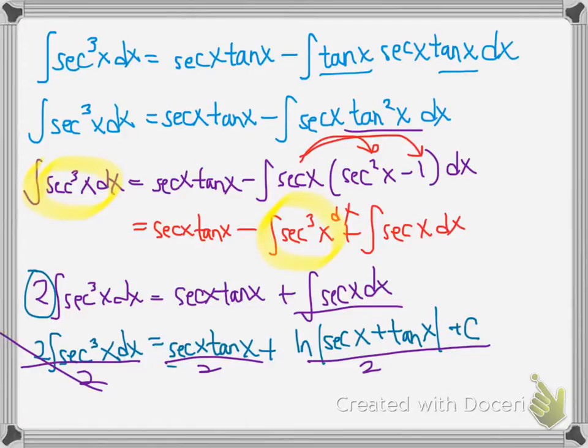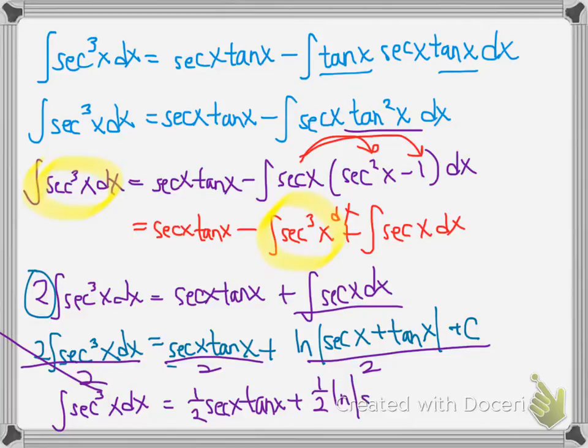So my final answer is that the integration of secant cubed x dx, which was my original function, equals 1/2 times secant x tangent x plus 1/2 times the natural log of the absolute value of secant x plus tangent x plus c, which is also divided by 2, but c is just a constant, so it stays a constant.